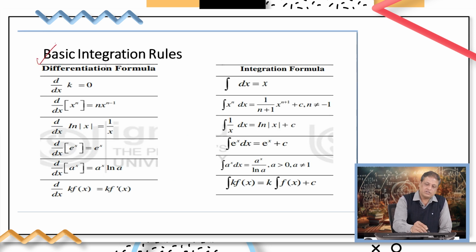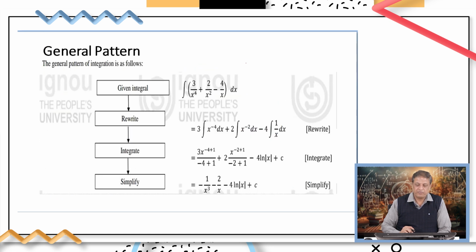So, we discussed the basic integration rules, and these were the rules compared with differentiation. We compared the formulas for differentiation and integration, and we found that integration is the opposite of differentiation, and that is why for integration we also use the term antiderivative.